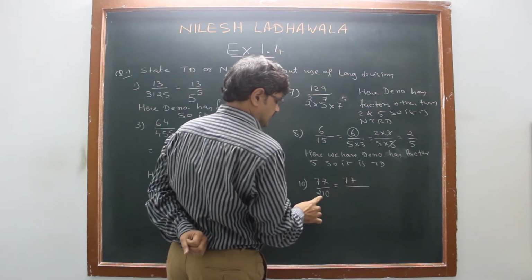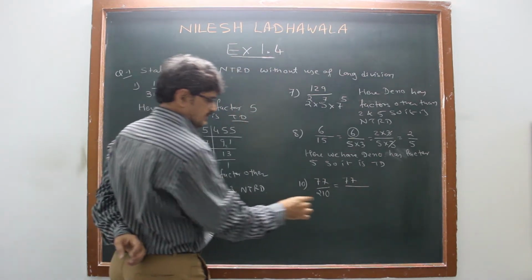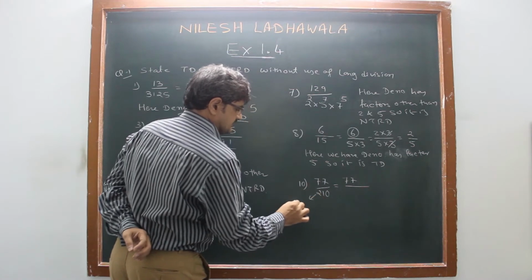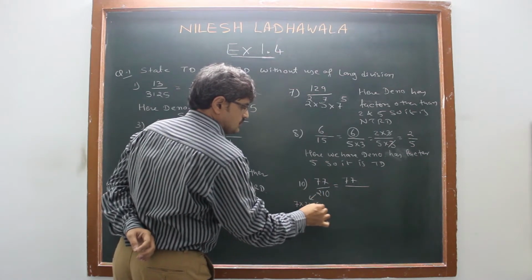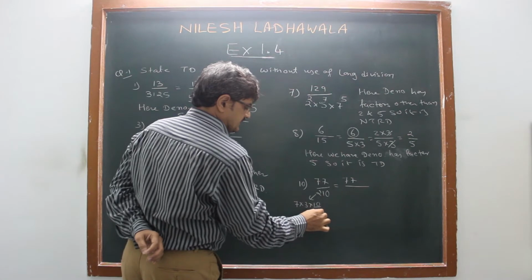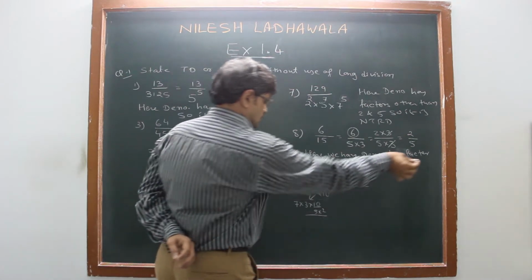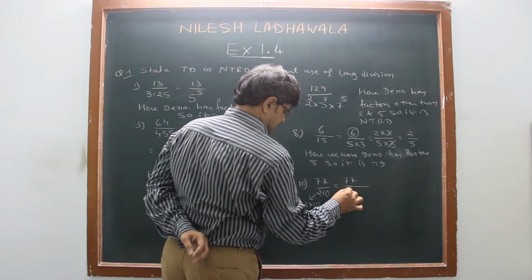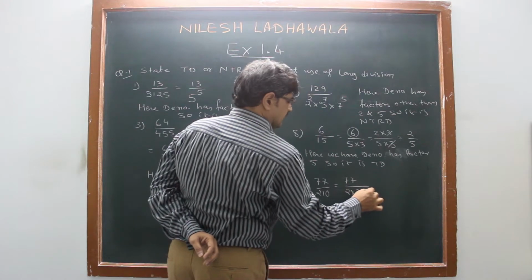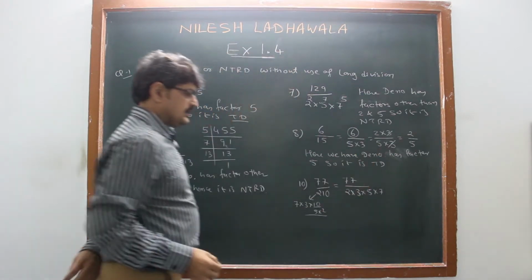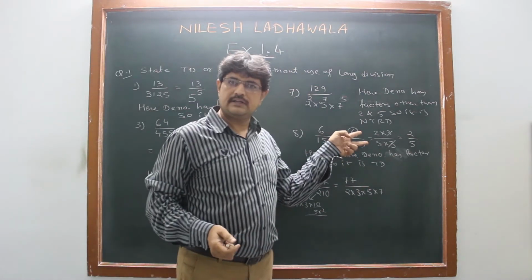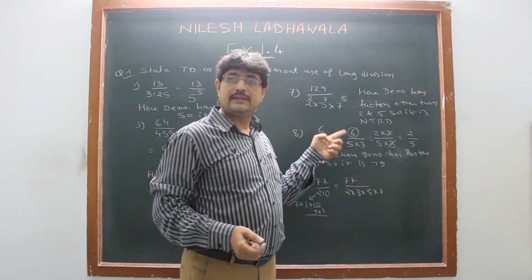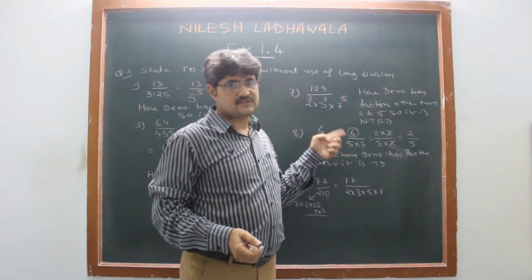Now the last one is 77 upon 210. This can be factorized as 7 into 3 into 10, and 10 can be factorized as 5 into 2. So the factors of 210 are 2, 3, 5, 7. As I told you earlier, you have to check whether any factor is common or not.